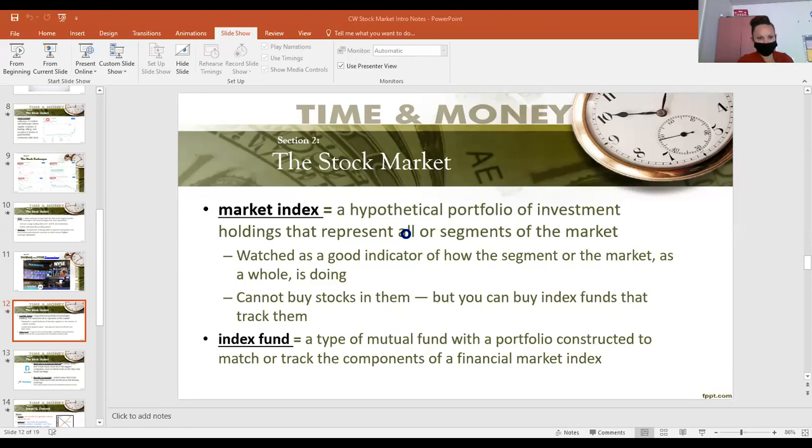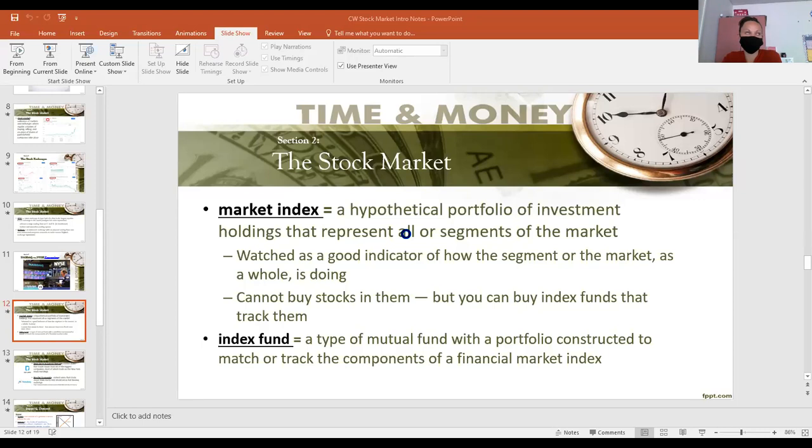All right, the market index is a hypothetical portfolio of investment holdings that represent all or segments of the market. So it's watched as a good indicator of how the segment or the market as a whole is doing. You can't buy stocks in them, but you can buy index funds that track them.